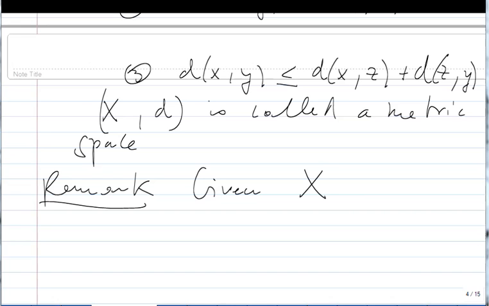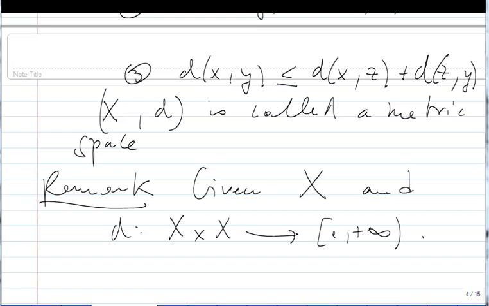Not the first one, not the second one. Usually the first one, meaning when d is 0 then the points are equal, and the symmetry are easy to see. But the third one is difficult to see, and sometimes it takes some hard work to show it.